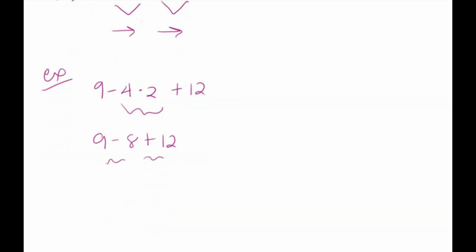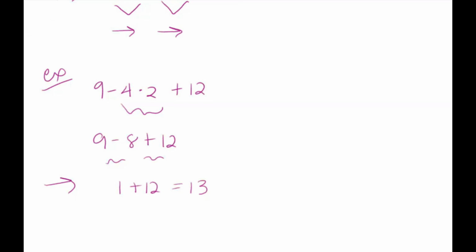So we simply move left to right here, and I'm going to do 9 minus 8, which is 1. And then when I add 12, I get 13. If that's too fast, I encourage you to stop the video and go back through and try to process that. But I'm hoping that feels pretty easy for y'all today.